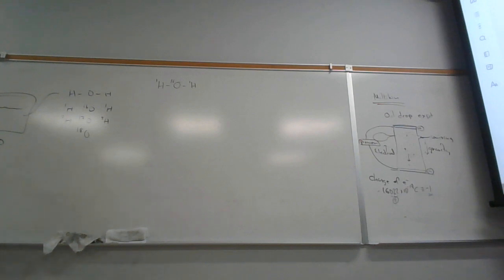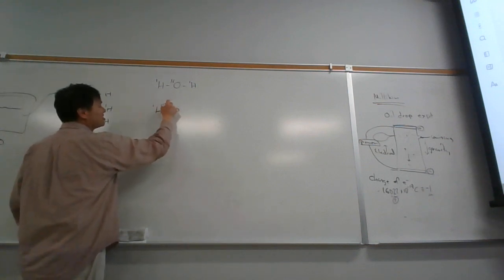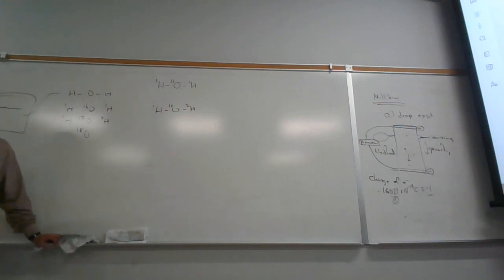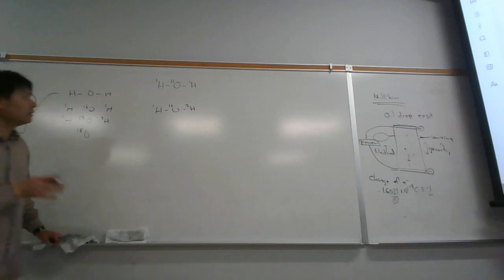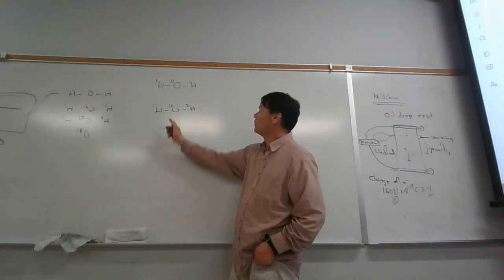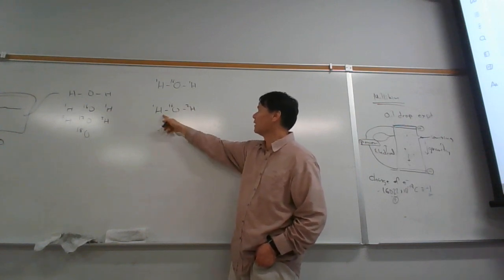What's the next molecule that we can come up with? Yeah, hydrogen 1, oxygen 16, hydrogen 2. But this one is a bit tricky because of this. When we're building these, we put the hydrogen 2 on the right hand position and not the left hand.